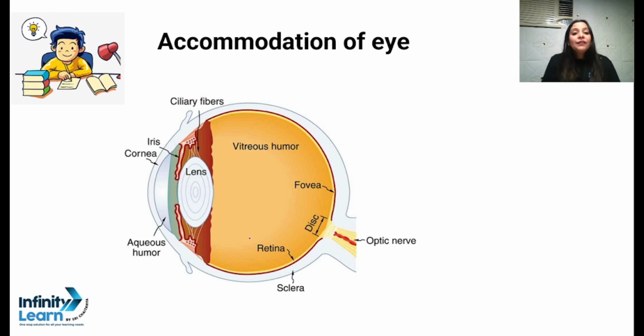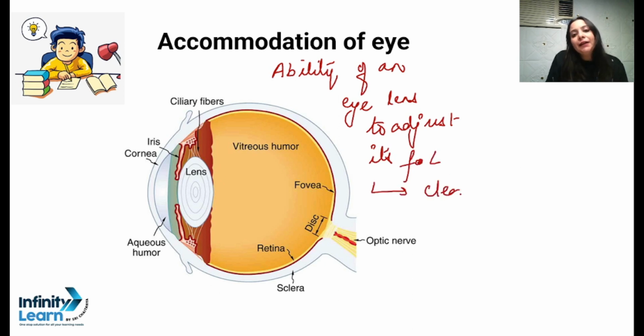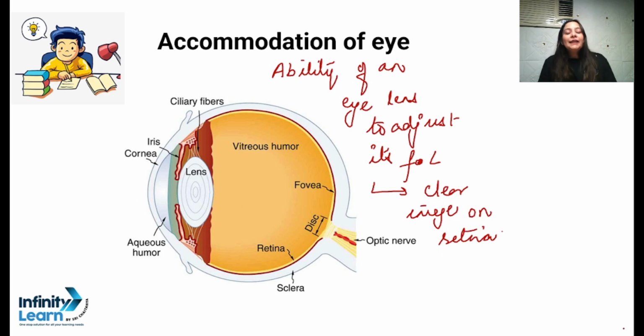So how can we define accommodation? I'll write here and you can also note it down. Accommodation is the ability of an eye lens to adjust its focal length in order to obtain a clear image on the retina.